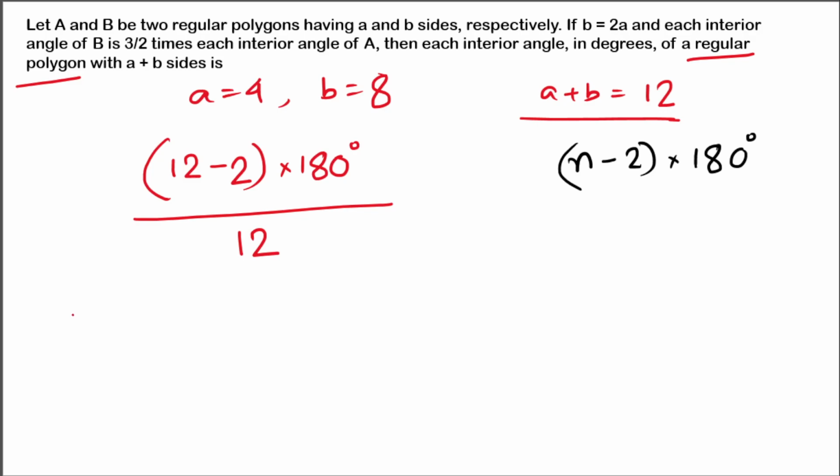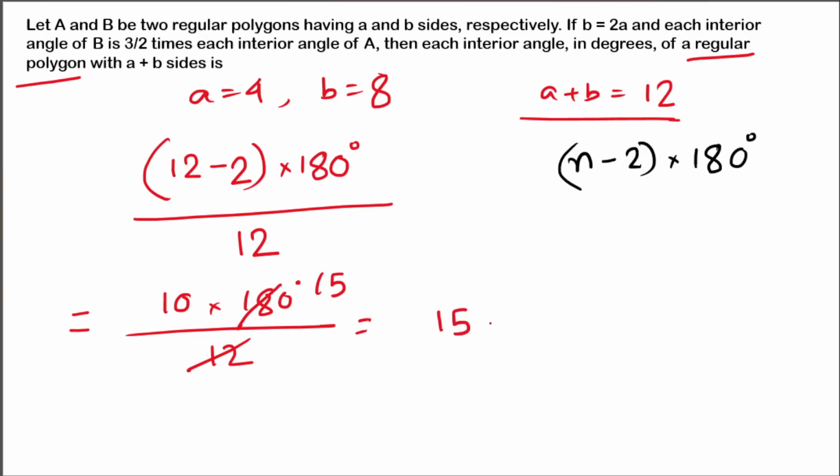So it turns out to be 10 into 180 degrees by 12. If you calculate this, first this cancels out to 15 and it becomes 150 degrees. So that is the answer, and this is how you solve this problem.